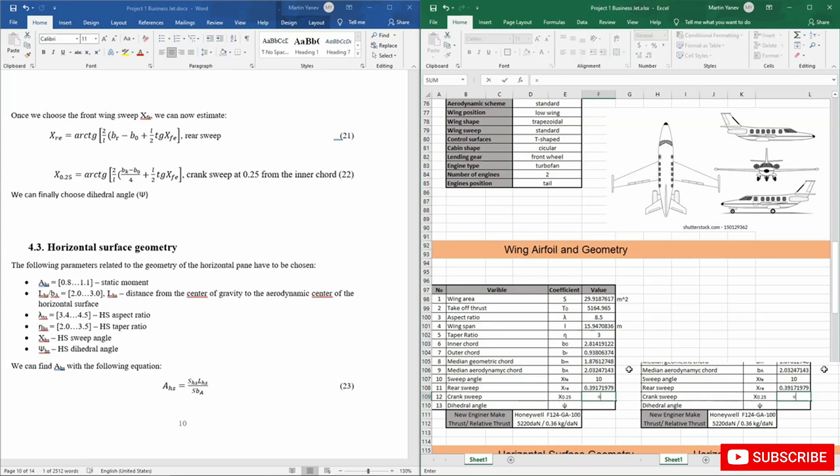So the crank sweep will again be equal to arctangent, and in the brackets we will again say 2 divided by L multiplied by, so BK. Actually, I made a mistake here. This is a BR, and you will see this in your workbook as a BR.